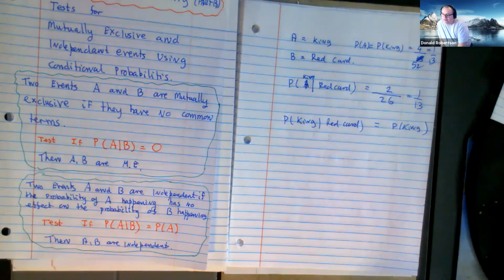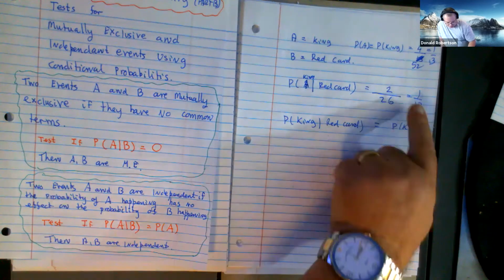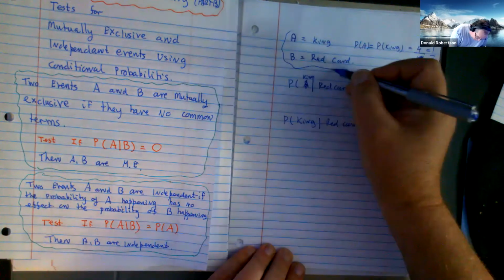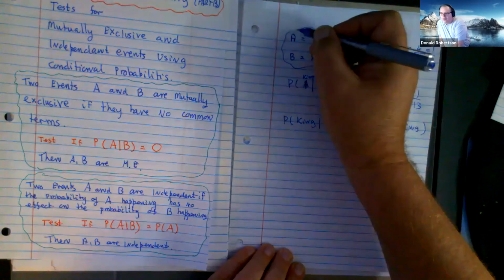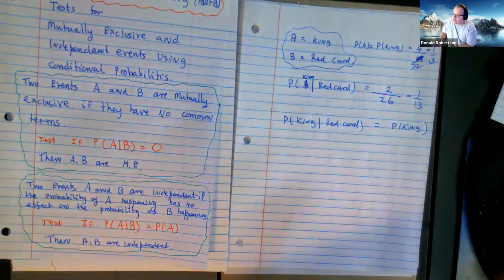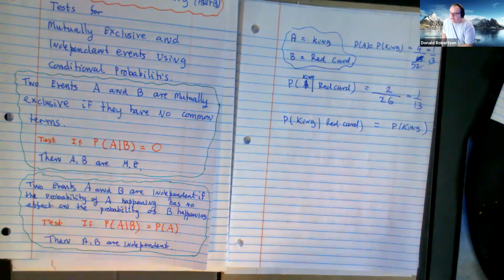Right? 4 out of 52 is 1/13. What that means is that these two events do not affect each other as probabilities. So getting a king and getting a red card do not influence each other. If I got a king, the chances it's a red card are the same whether I knew it was a king or not.